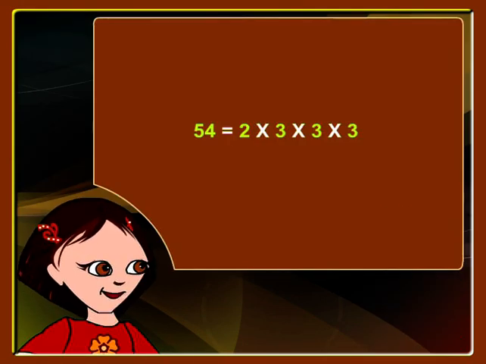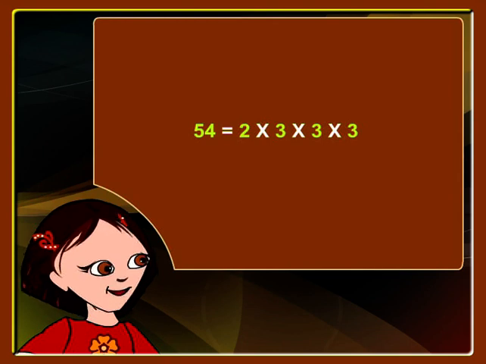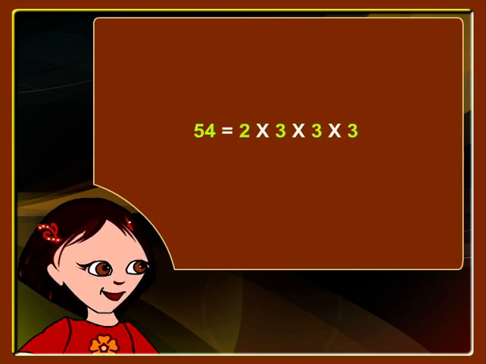Therefore, 54 can be said to be equal to 2 multiplied by 3, multiplied by 3 again, and multiplied by 3 one final time.